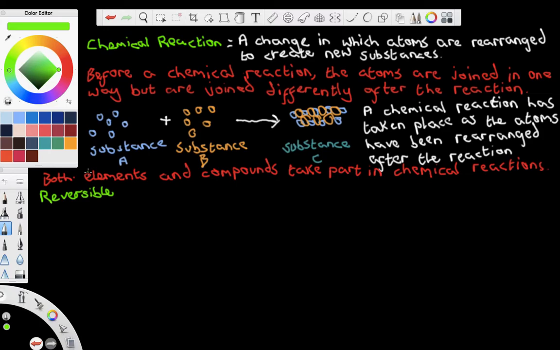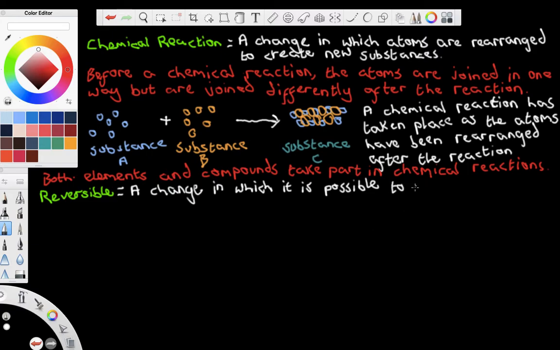So the word reversible can be defined as a change in which it is possible to get back the original substances, full stop.